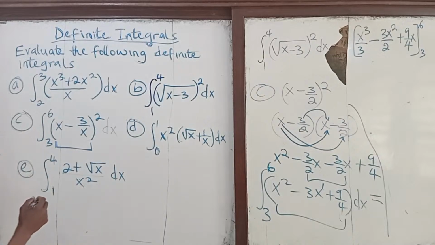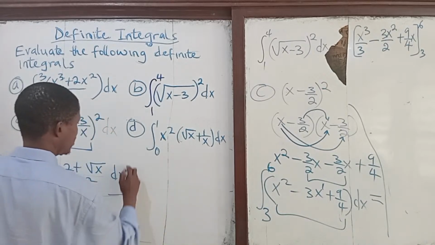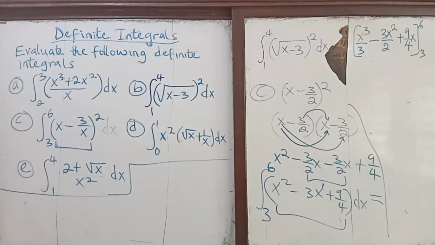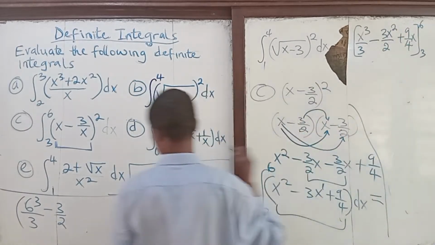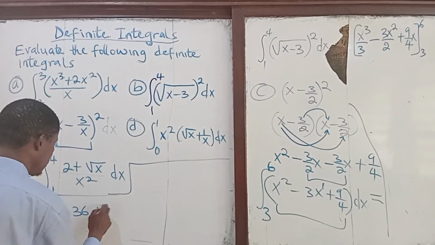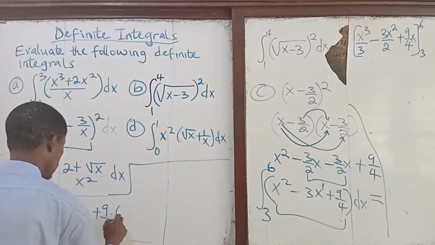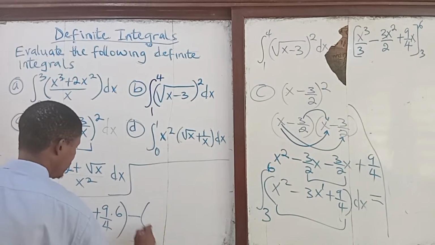So for the upper boundary, we are having x cubed, that's 6 cubed over 3, minus 3 over 2 times 6 square, that's 36, and then plus 9 over 4 times 6 also. So that finishes my upper boundary, then minus the lower boundary.